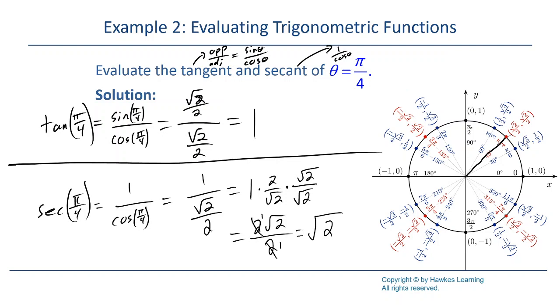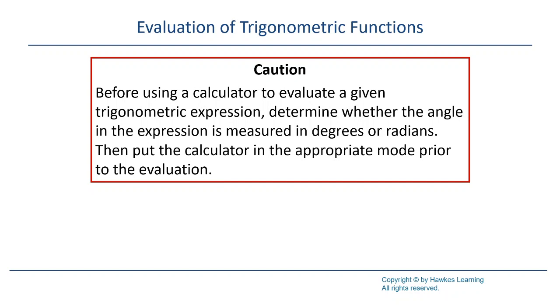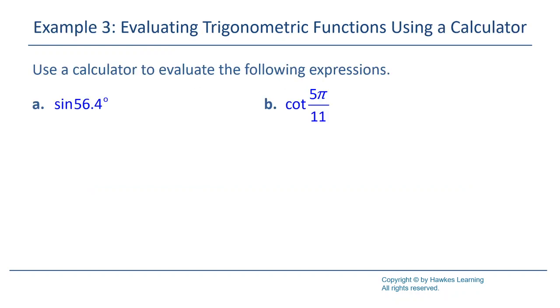So sine of pi over 2 or sine of 90 degrees should always get you 1. So if you were to plug in sine of 90 and it doesn't give you 1, then you know that it's in radians and not degrees. Or if you plugged in sine of pi over 2 and it didn't give you 1, then you would know that you were in the wrong mode.